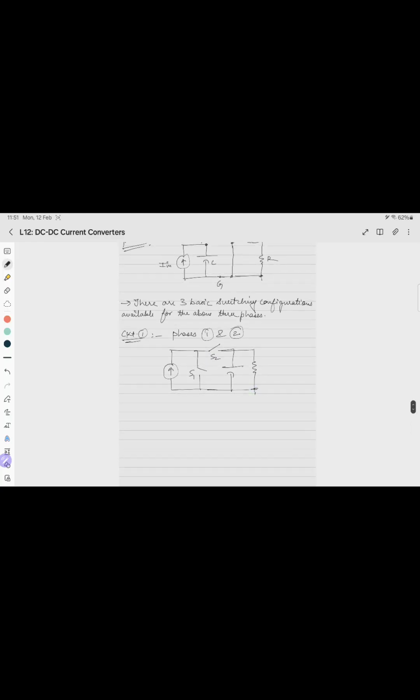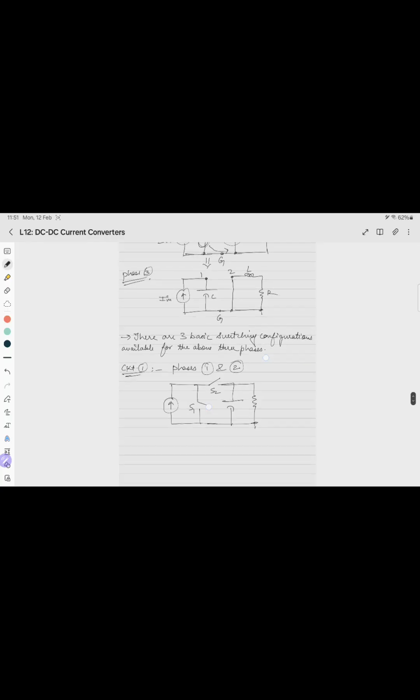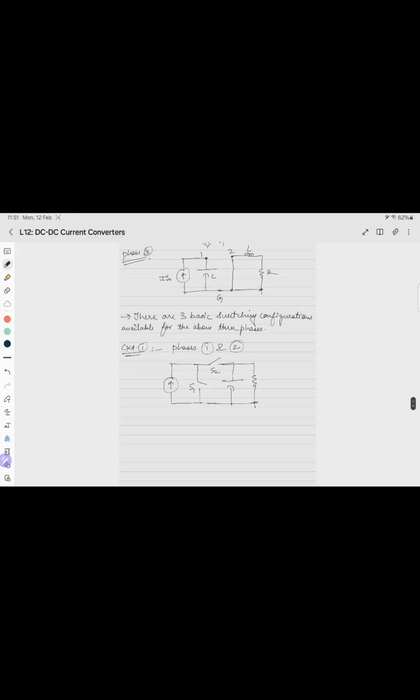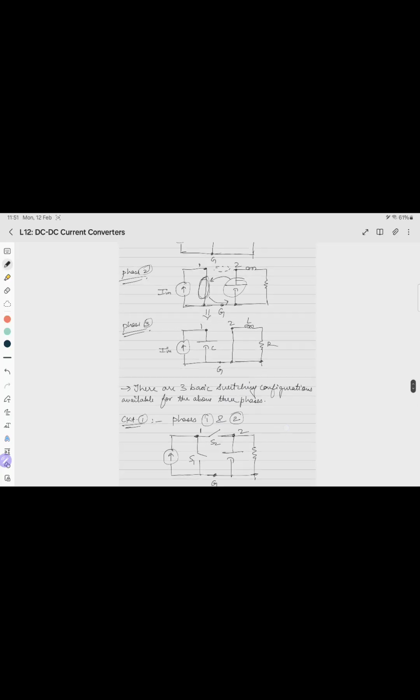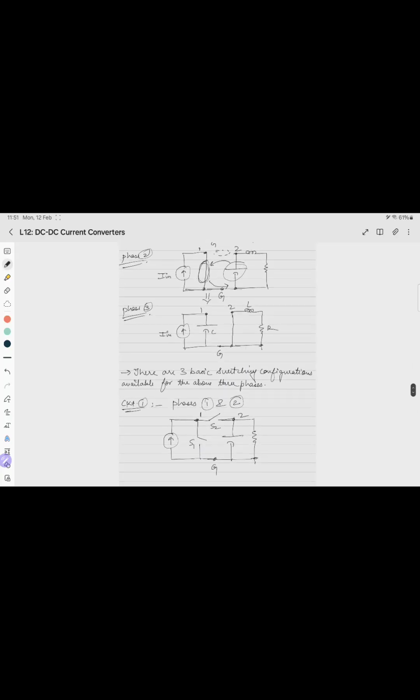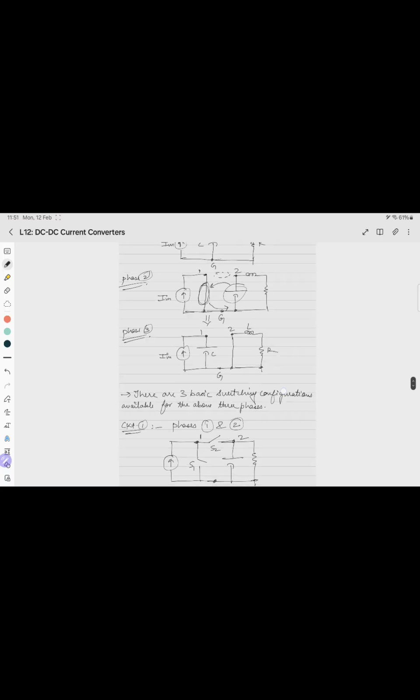So S1 and S2 are complementary. If S2 is on, S1 is off. Now this is node number 1, node number 2, this is G. So now what we see is that if S1 is on, S2 is off, it means that it is phase 2.